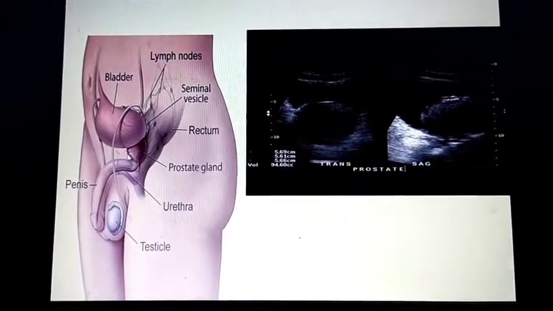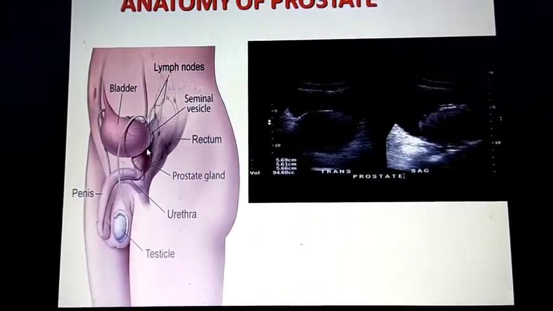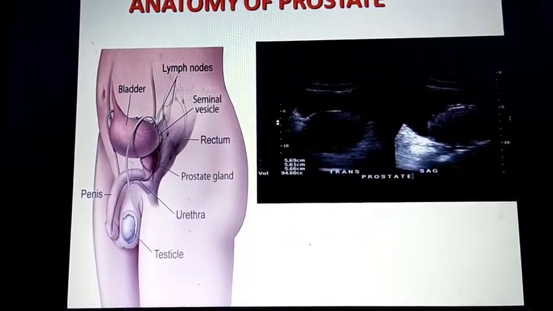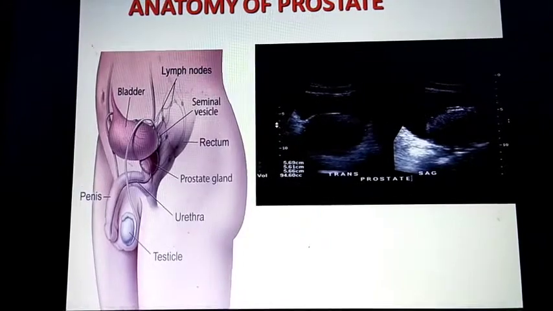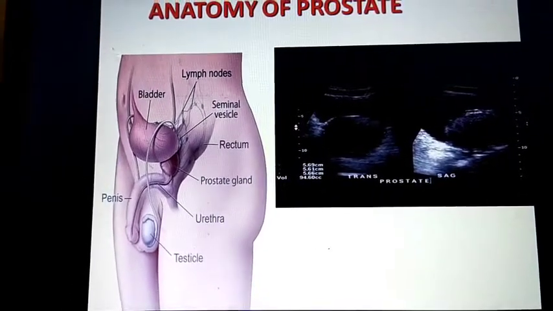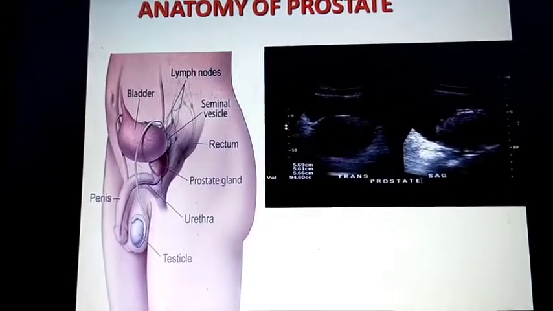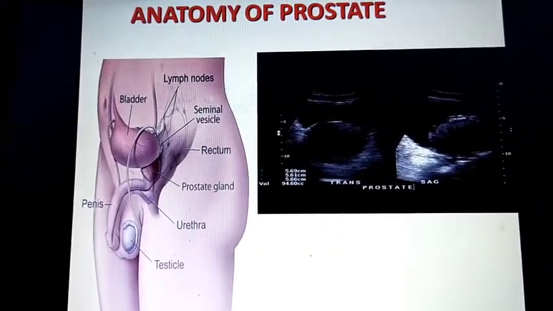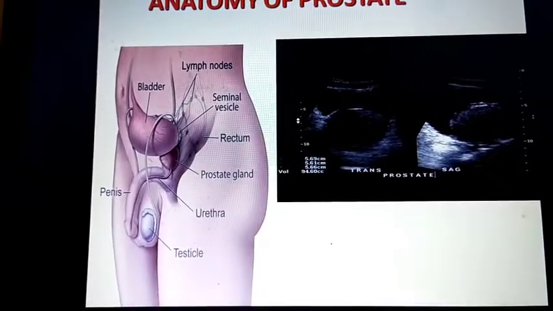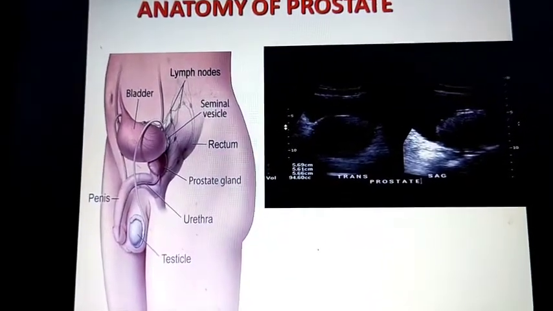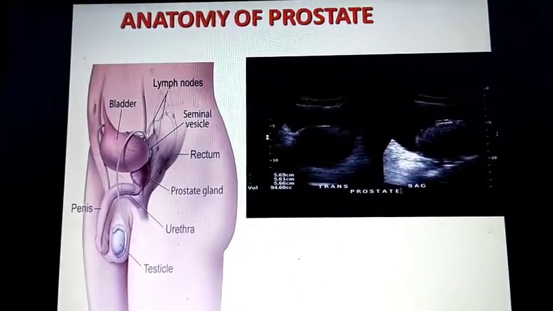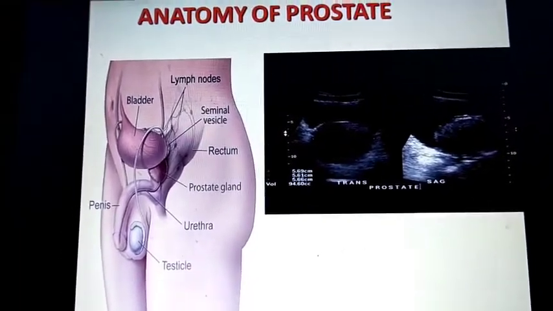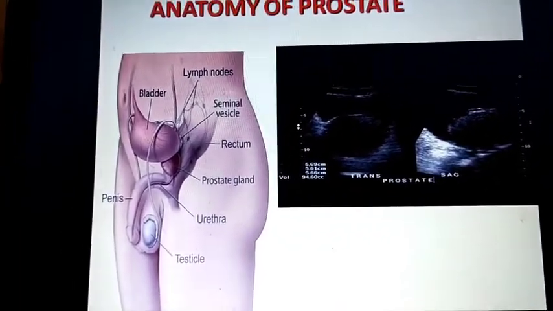It is situated just behind the lower part of the pubic symphysis and the neck of the urinary bladder and the upper part of the pubic arch.